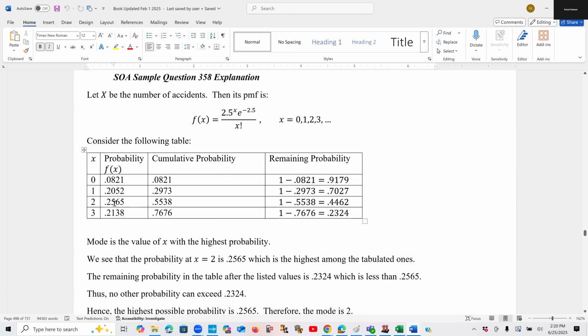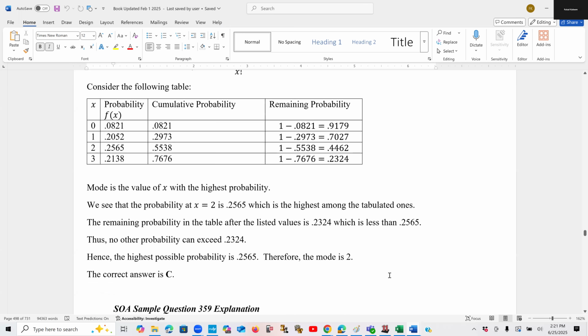So there's no way any of the remaining untabulated probabilities can beat this 0.2565, which is the highest among the first four. And so the x that will give us the highest probability has to be 2. That is why the mode is 2. And that is choice C.